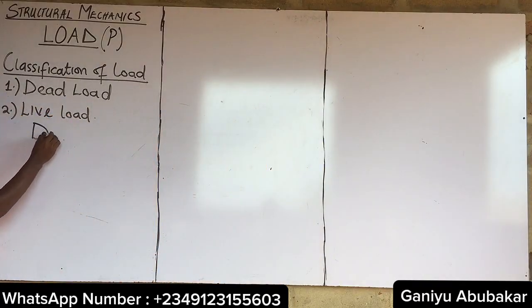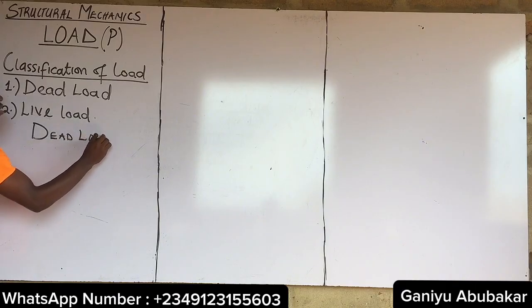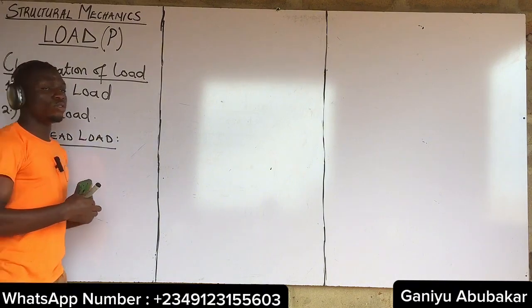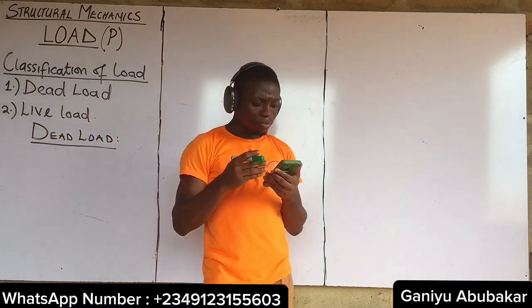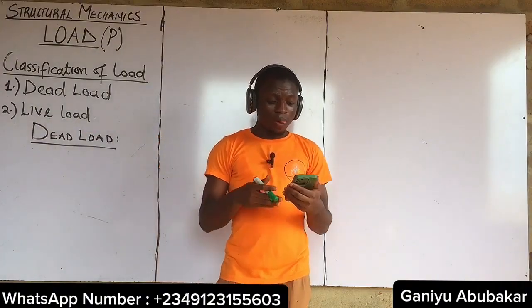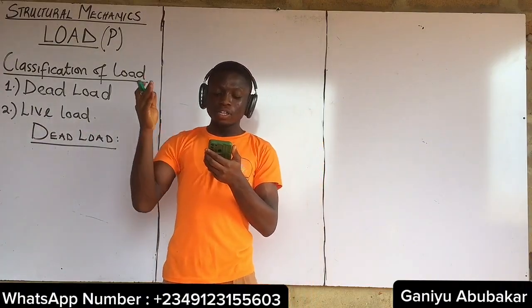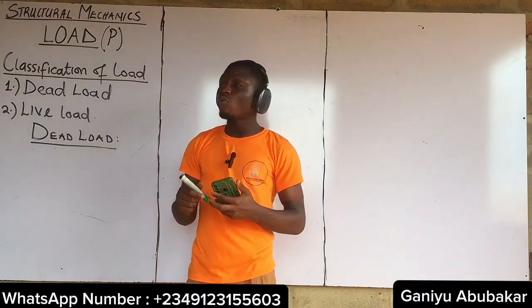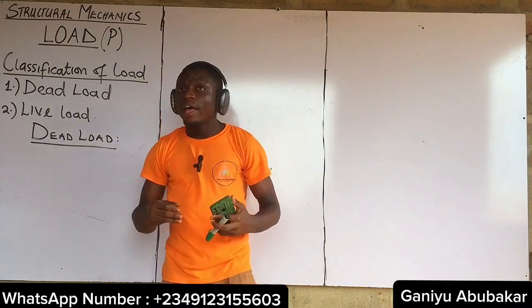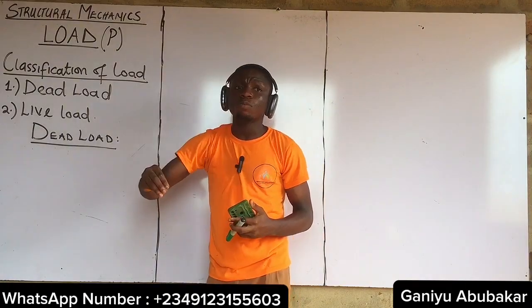For dead load, let's discuss the concept behind dead load. By definition, a dead load is a permanent load that is applied to a structure. So when it comes to structure, any load that is permanent is said to be what?